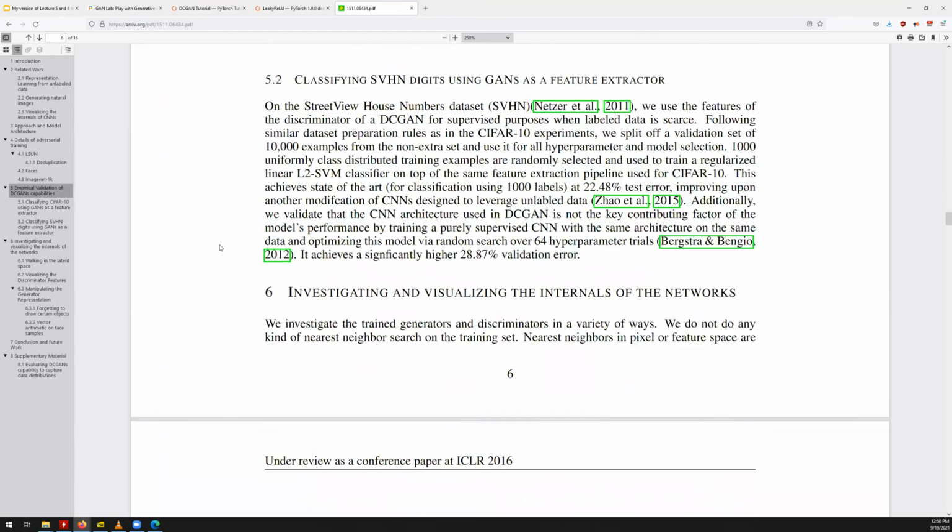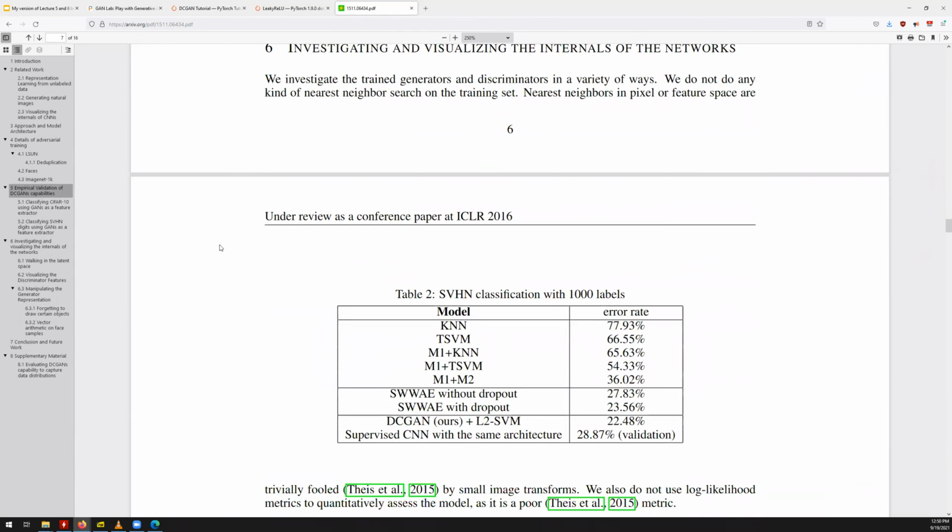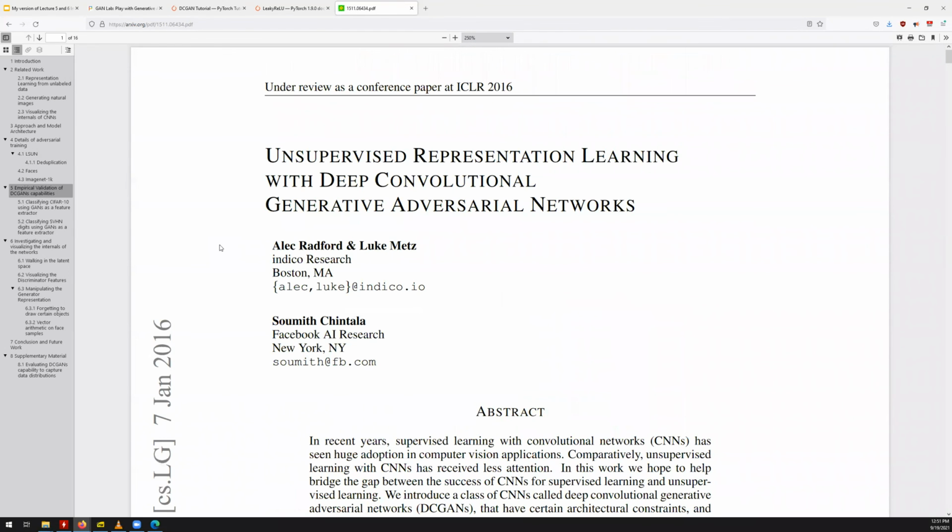So the paper is by Alec Radford, who is the author of the GPT models, right? Anyway, if it's not, we'll look at it offline.